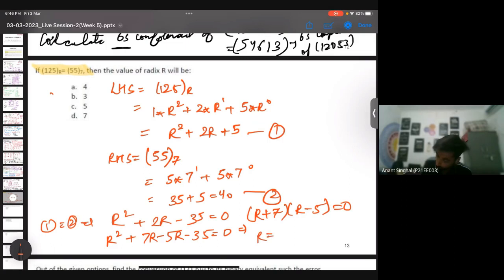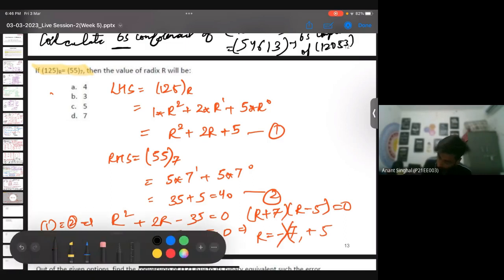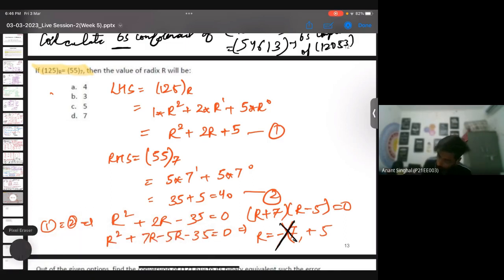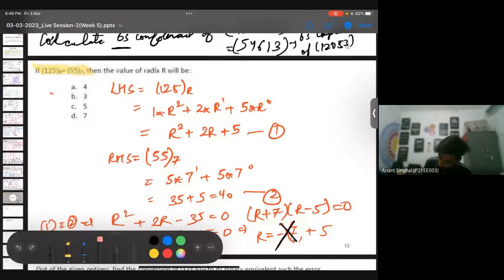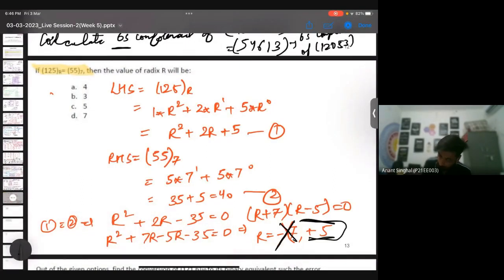So we are getting two values of r, which are minus 7 and plus 5. We know that the base cannot be negative, so this is not possible. So the correct answer to this question will be only the positive one, which is 5. So the correct answer to this problem is option C, which is 5.